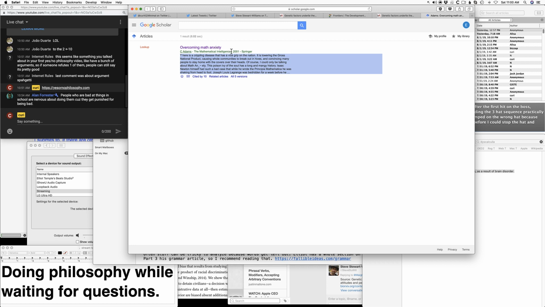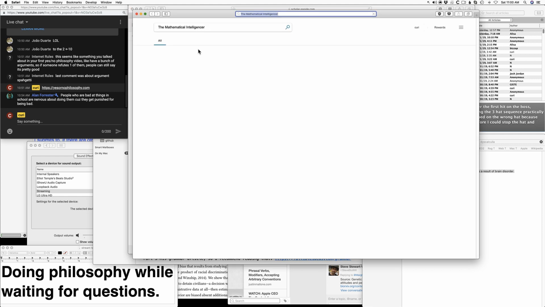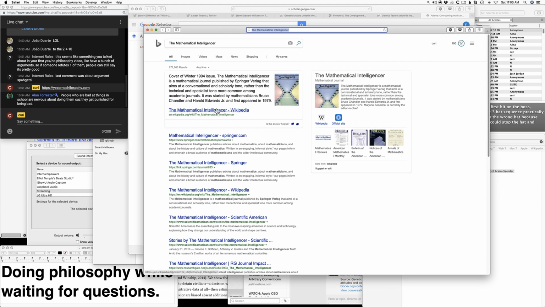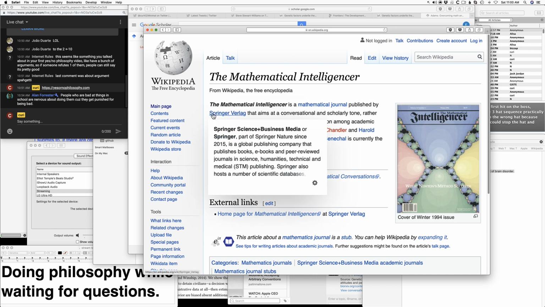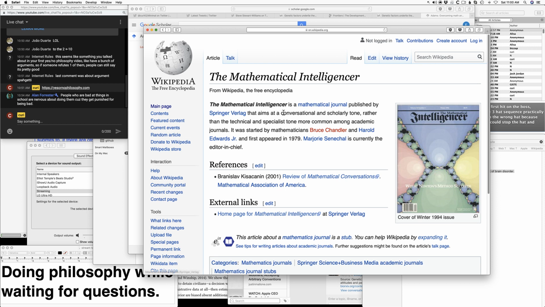I mean, it's in the Mathematical Intelligencer. Let's look up that journal. Published by Springer Verlag. Part of Springer Nature since 2015. Aims at a conversational and scholarly tone, rather than technical and specialist tone.